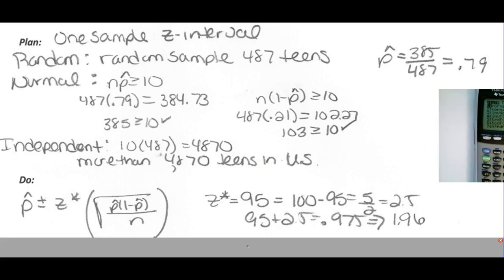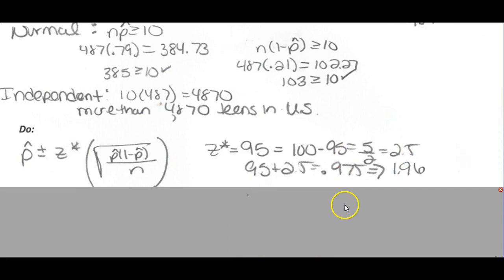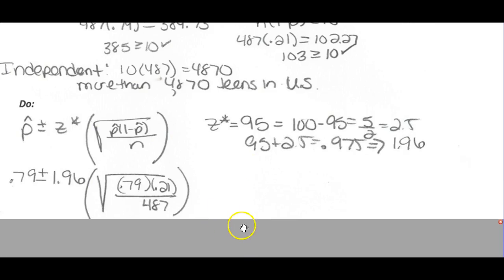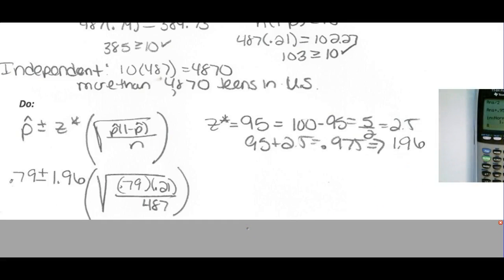I'm going to go to inverse norm just so I have practice doing it, 0.975, and I get 1.96. Okay, so that is using the inverse norm. You could have also found it using your z-score table, which would have given you the exact same value. Okay, so now plugging it into the information, so I have 0.79 plus 1.96.